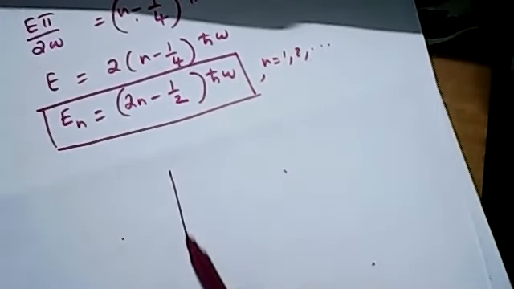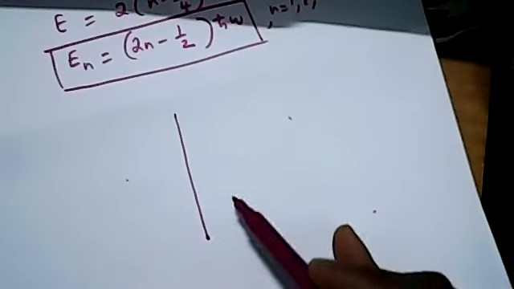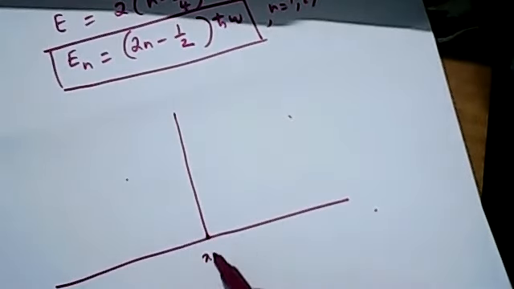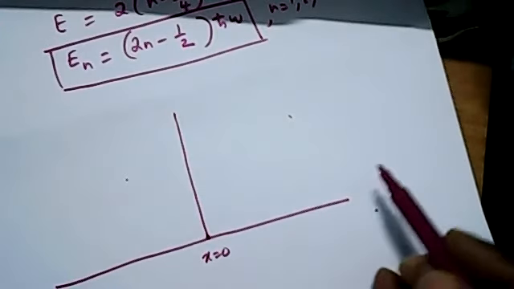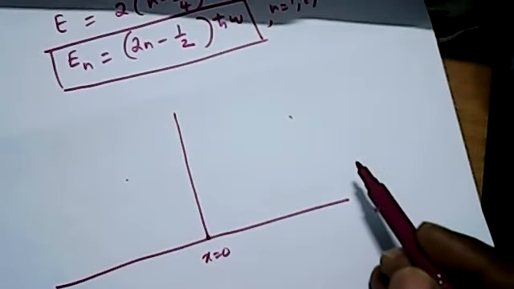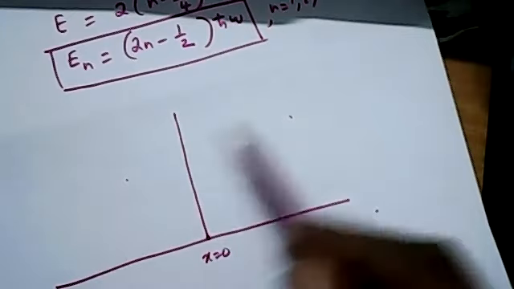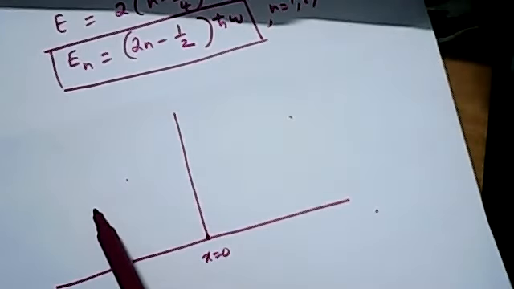So this was our turning point x equal to 0. Then this is region 1 and this is region 2.